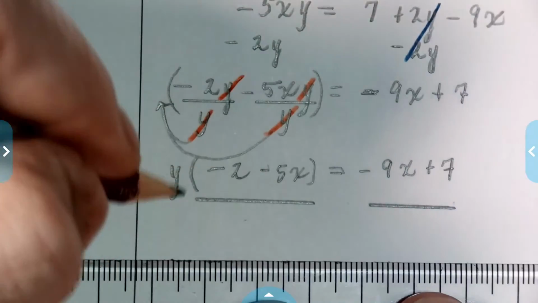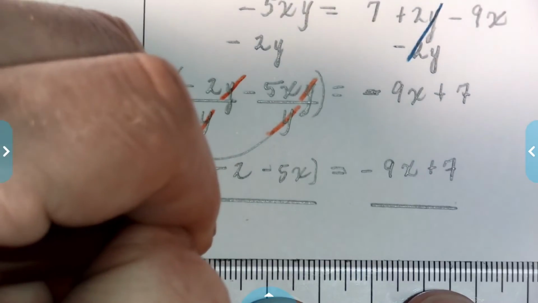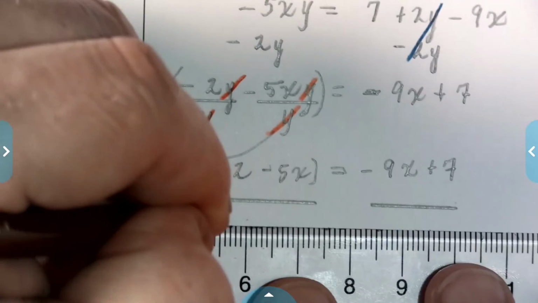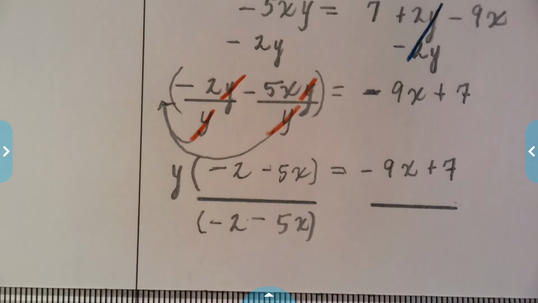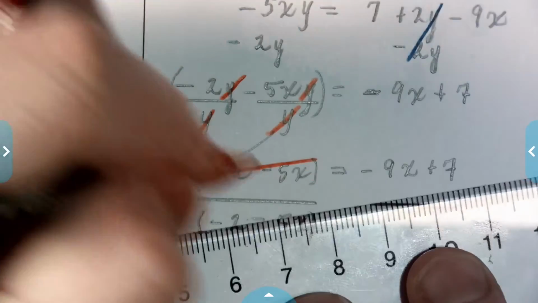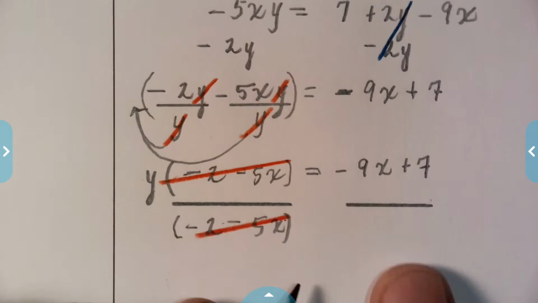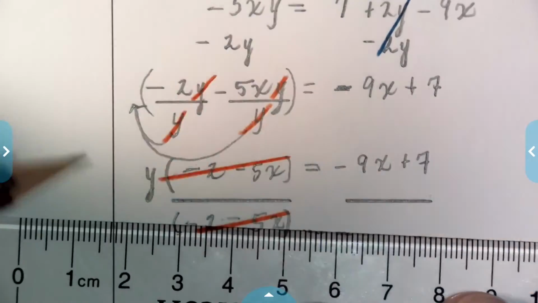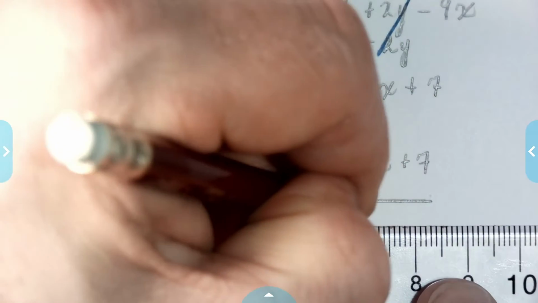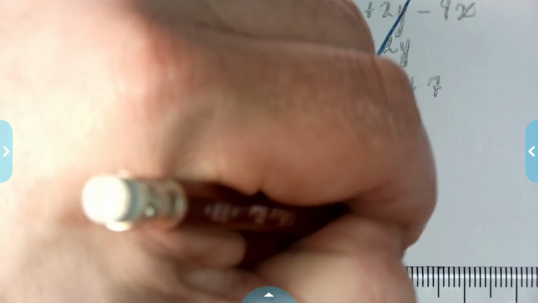I'm going to reorder it when I write it over here, but I'll divide by negative 2 minus 5x. That way you can see that we successfully clear it out over here. But over on the right side, just to make things look a little neater, I'm going to put the negative 5x up front and then minus 2.